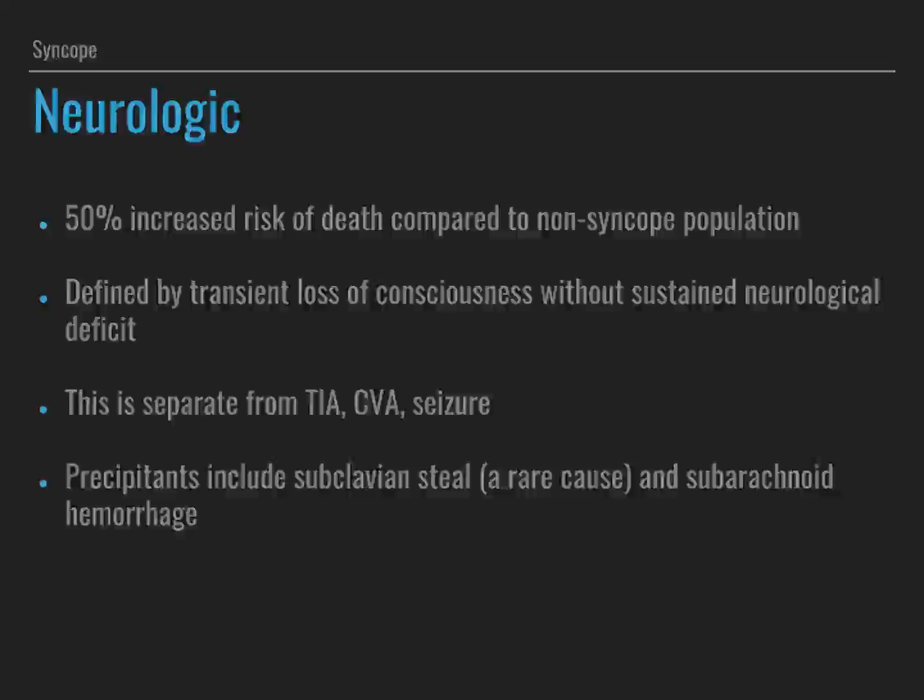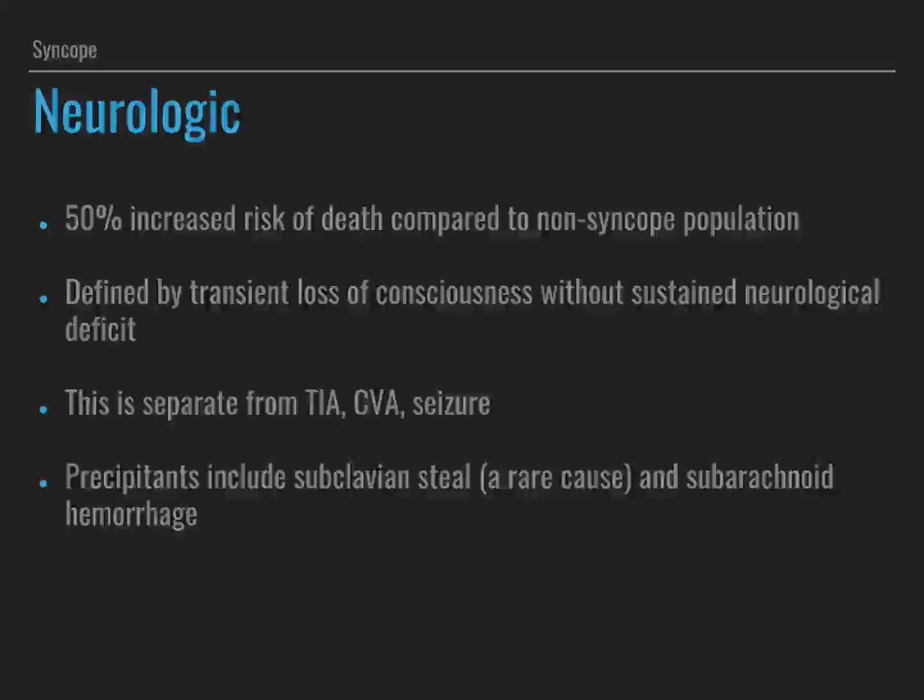But returning to these neurological causes, a couple of these causes for neurological syncope can be subclavian steal, which is a more rare diagnosis, so narrowing of the arterial blood supply proximal to the subclavian artery, so that exertion of the limb, often the left limb, causes an increased demand for blood flow, and you have reduced cerebral perfusion because of that.